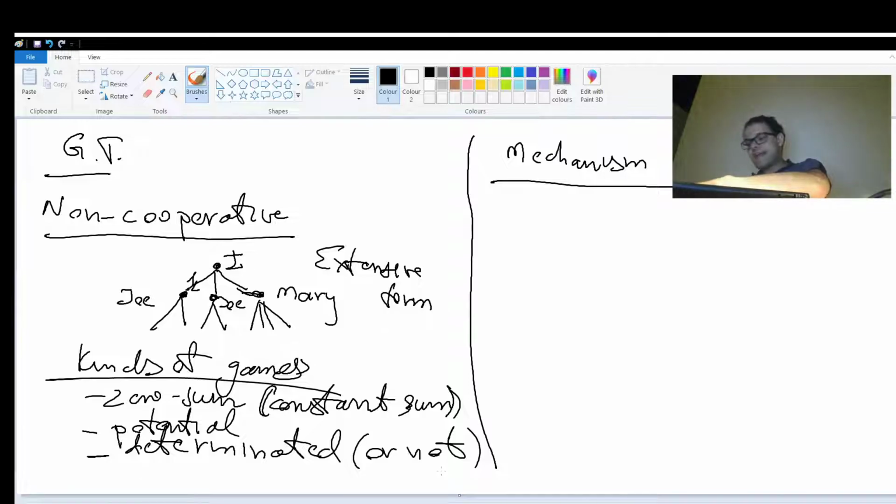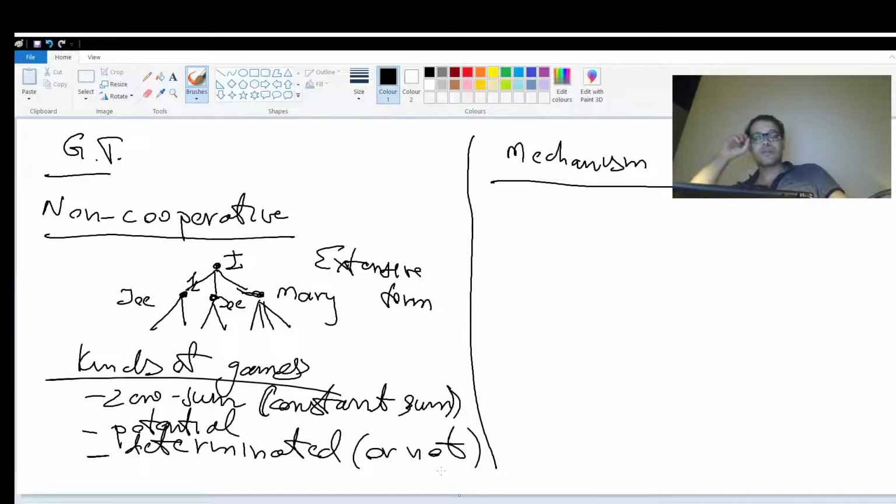So if you have a game and you can maybe show that an agent can always win by acting in a correct way, regardless of what the other person does, so an agent has a so-called winning strategy, that means that the game is determinate.